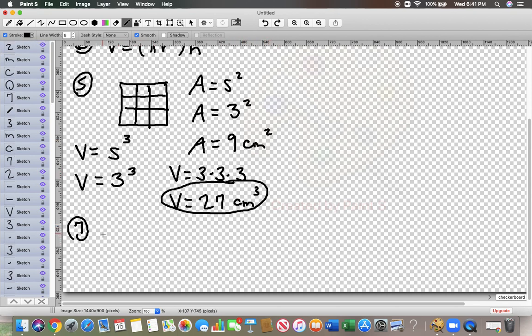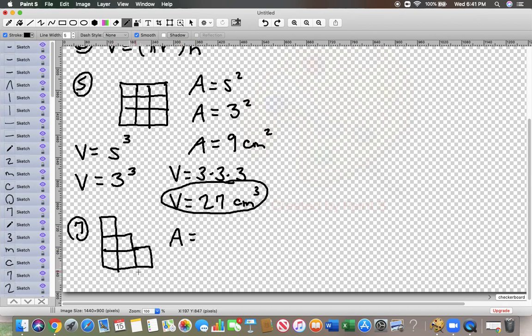So for number 7, I can find the area of that base by doing what I just did, counting up how many square units I need in order to have this whole base here. So let's find the area. The area of the base here is 1, 2, 3, 4, 5, 6 centimeters squared.